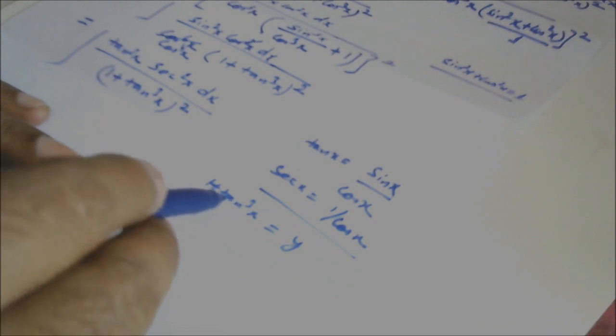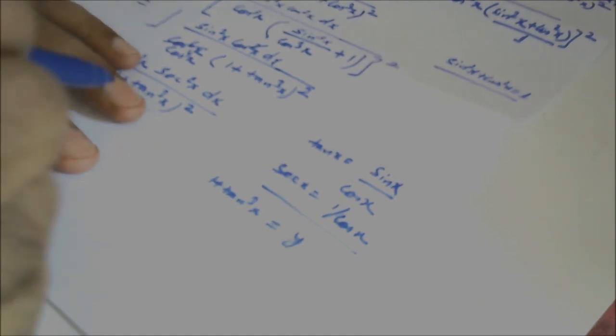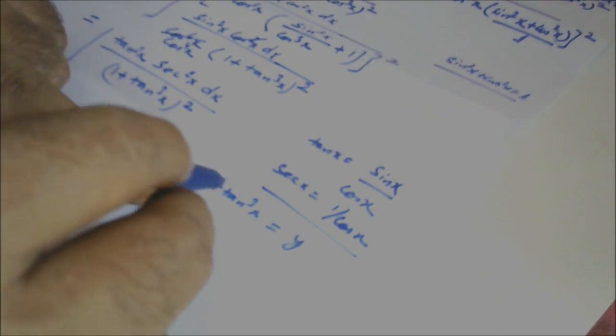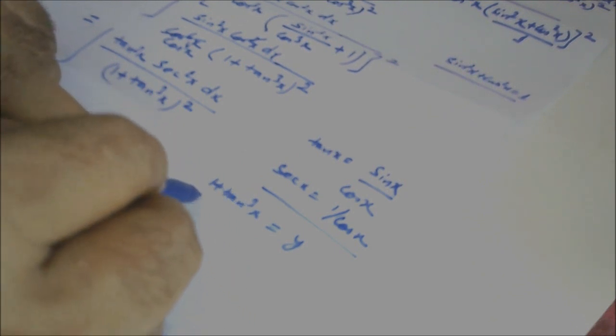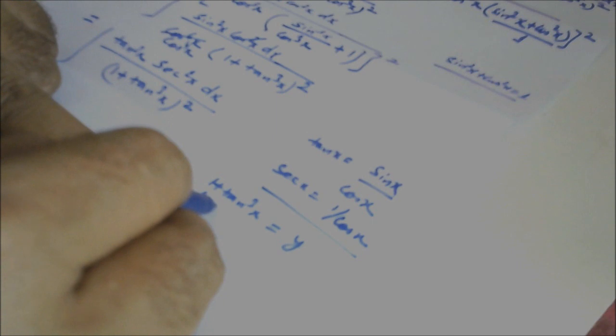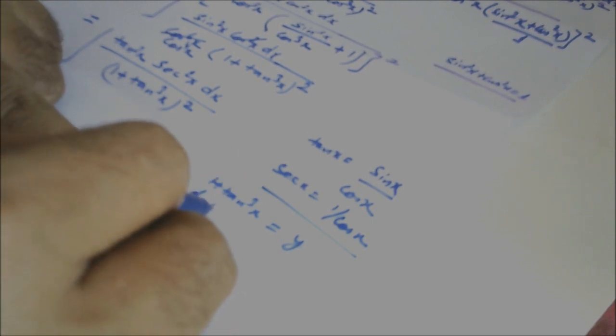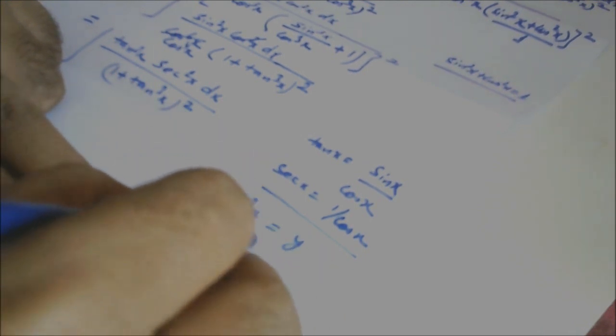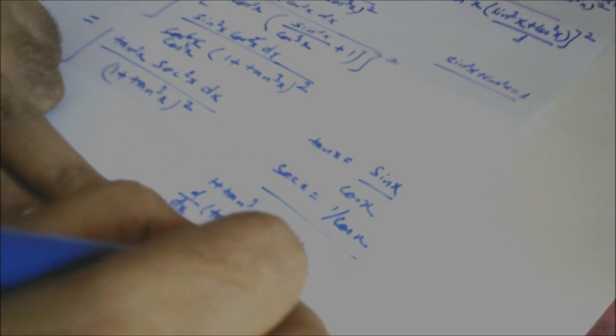Once we differentiate, first we treat tan cube x like a normal x cube or y cube type. So d by dx of tan cube x, and this is dy.